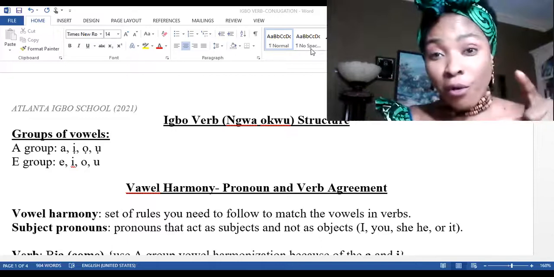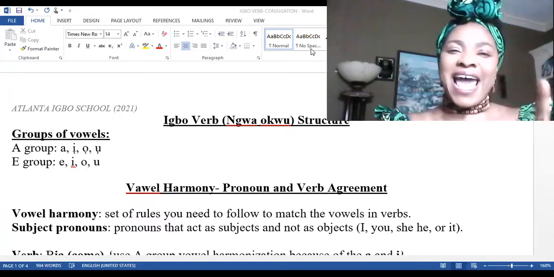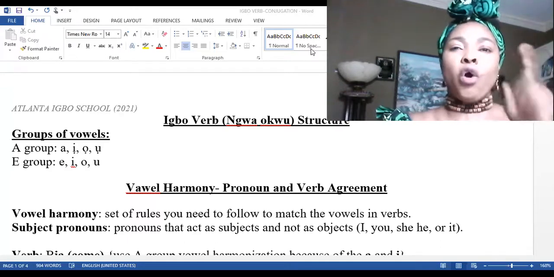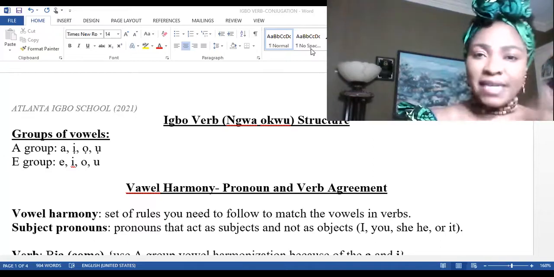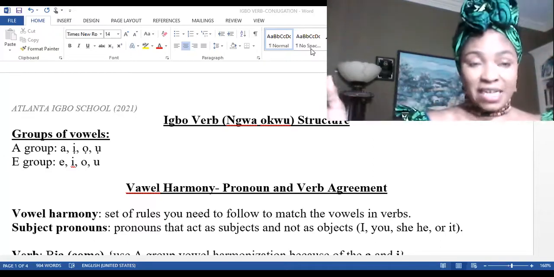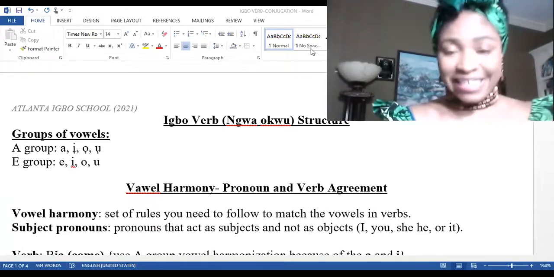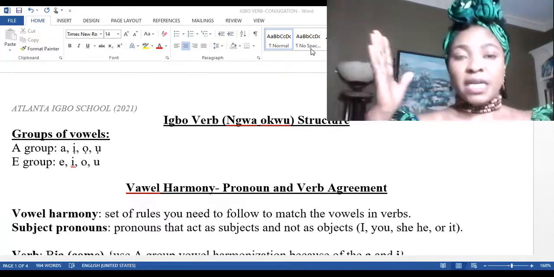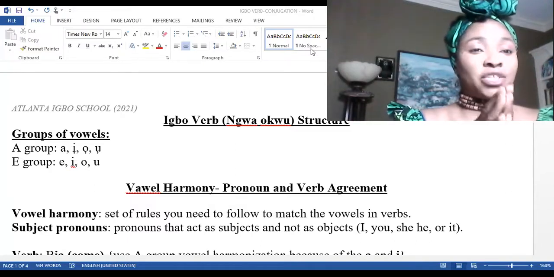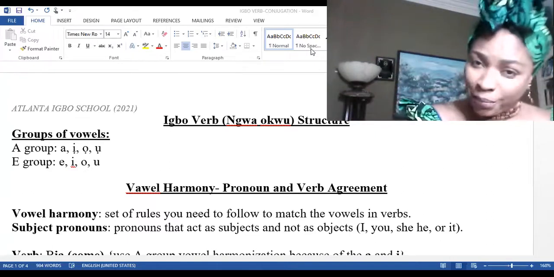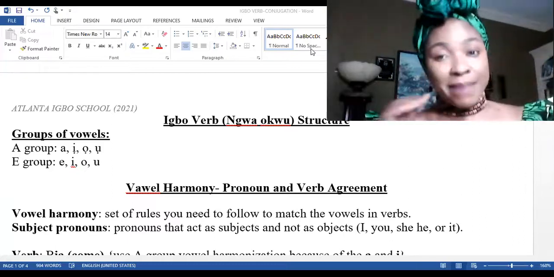Then regular O and regular U. These are the E group and they are regular letters. But the A group, they are the ones that you have to punctuate underneath. So don't forget, I will post the note, but I need you to pay attention to which ones are in the A group and which ones are in the E group, because when you're writing Igbo, it matters a lot.